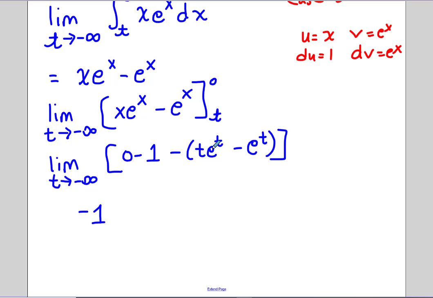So that's going to send us to 0, and this would send us to 0. So our limit is negative 1. So the area under the curve converges to negative 1.